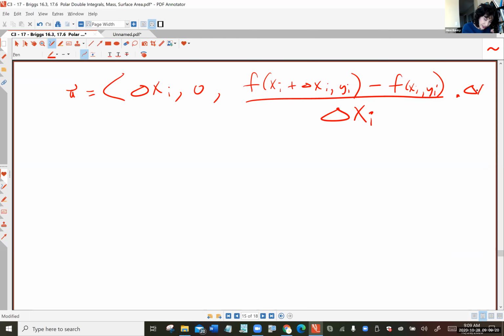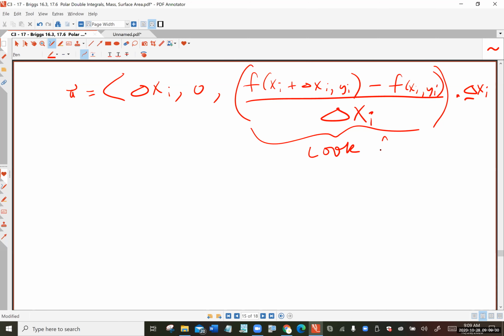So one of the delta x sub i's in the denominator, I'm going to move over, and the other one that was in the numerator, I'll leave there. Does this look familiar to anybody? It looks like the limit formula. Yes, it looks like the definition for a partial derivative, but with respect to what? X sub i. Yes, with respect to x.